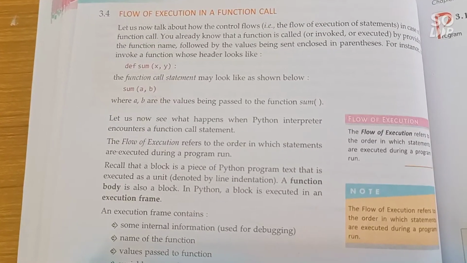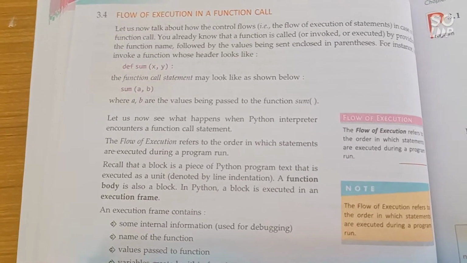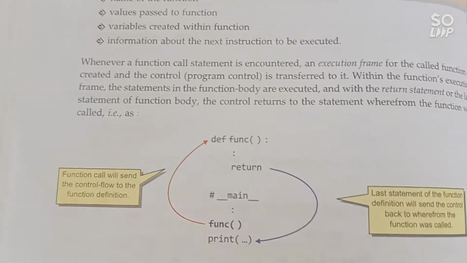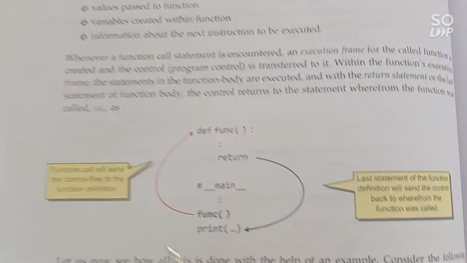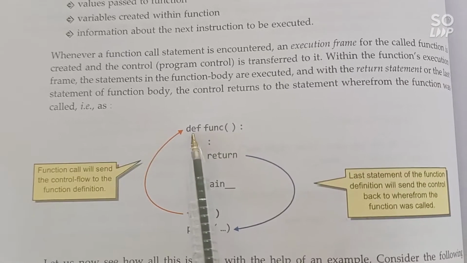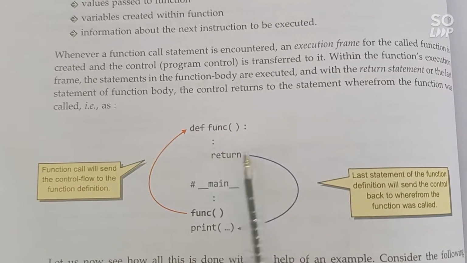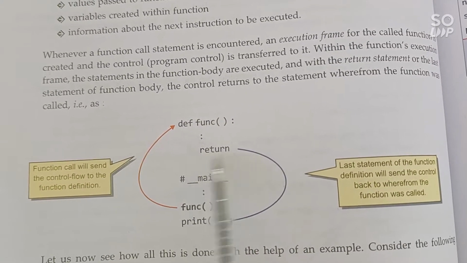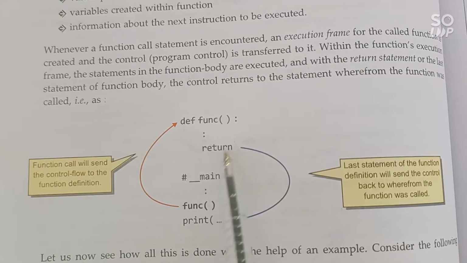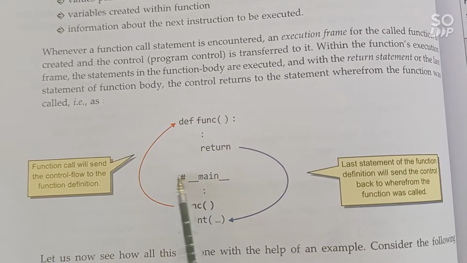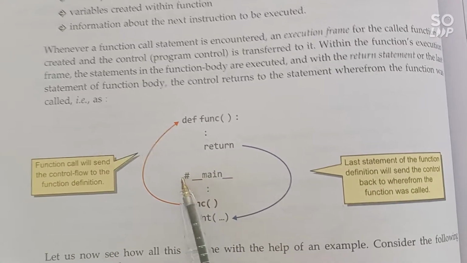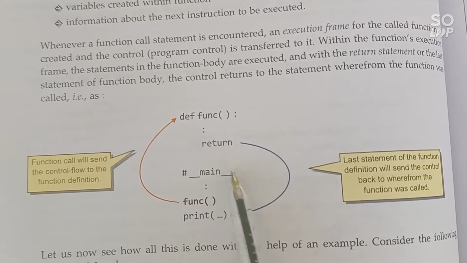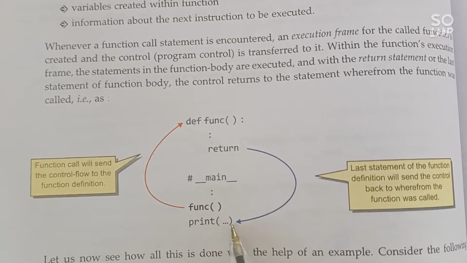When we define a function in a program, the program structure is like this. First of all, the definition of the function. This is the definition of the function, right? Then after the function definition, the main program starts, right? So what is the order of the flow of statements?